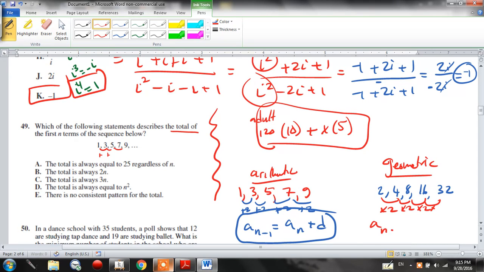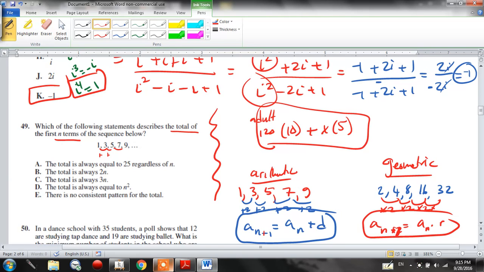To get to the term n plus 1, you take the term that's before it and multiply it by the common ratio. That's the difference between arithmetic and geometric sequences.